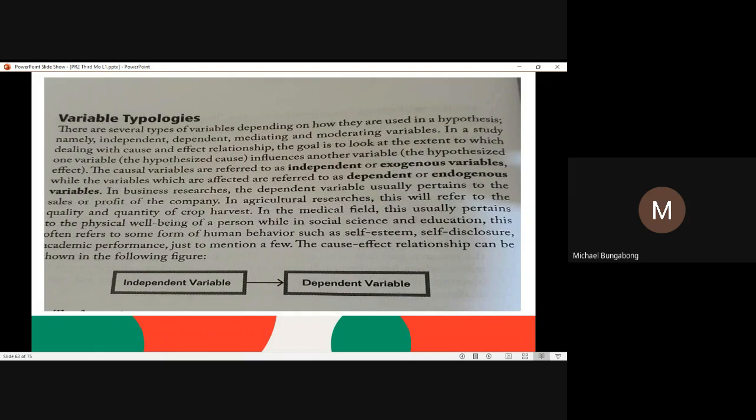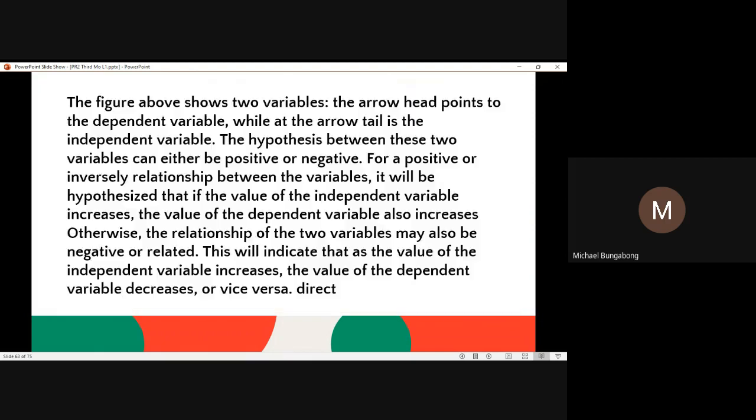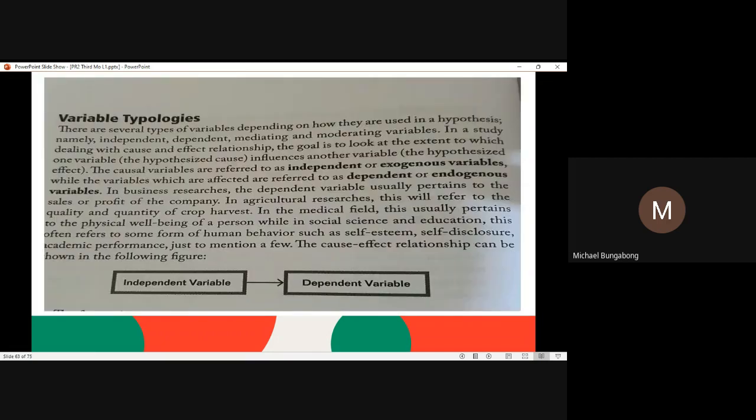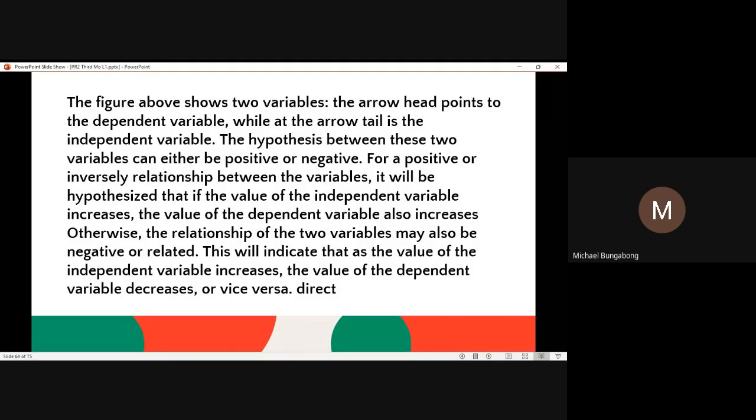So, the cause and effect relationship, class, can be shown in this graph. Can you take a look? So we do have the independent variables and dependent variables, right? So the figure above shows that there are two variables, which has the arrowhead pointing to the dependent variable. Kita nyo naman. And the arrow tail is at the independent variable. So the hypothesis between these two variables can either be positive or negative.